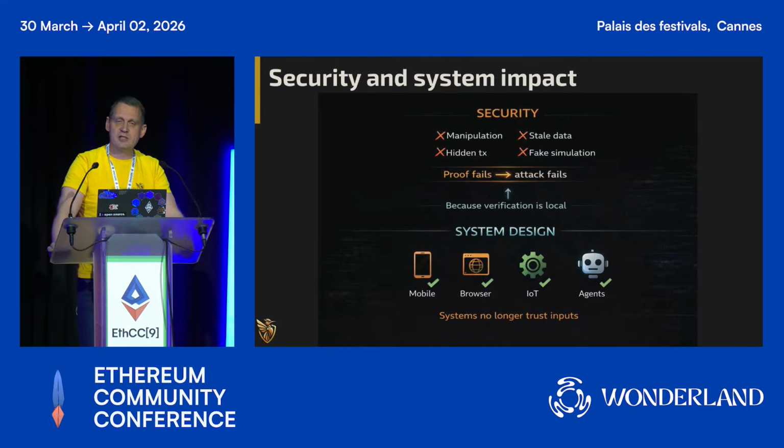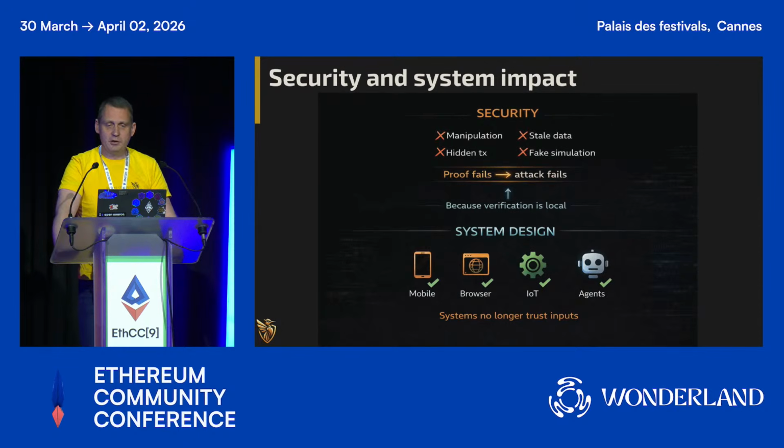But this also changes system design. This works in environments where full nodes and light clients don't. Mobile devices, browsers, IoT systems, AI agents. These systems don't need to stay online. They don't need to sync. They don't need to store anything. They can come online, verify what they need, and then continue.